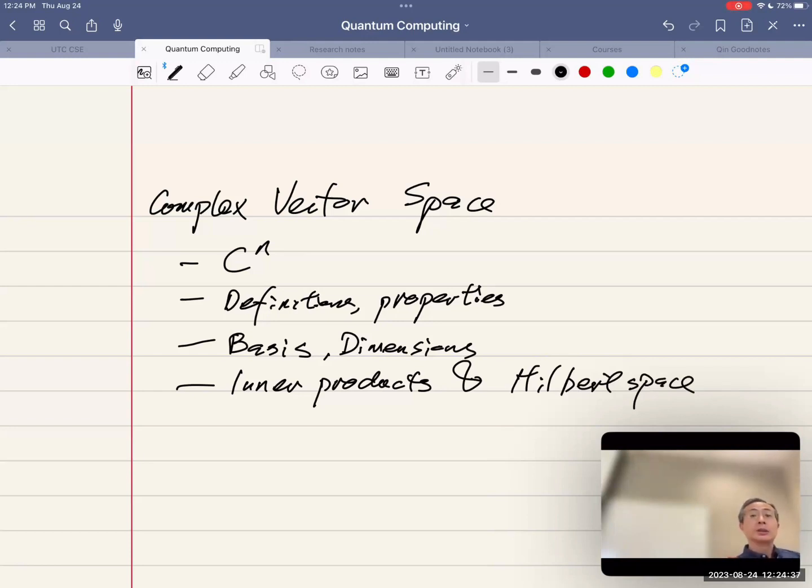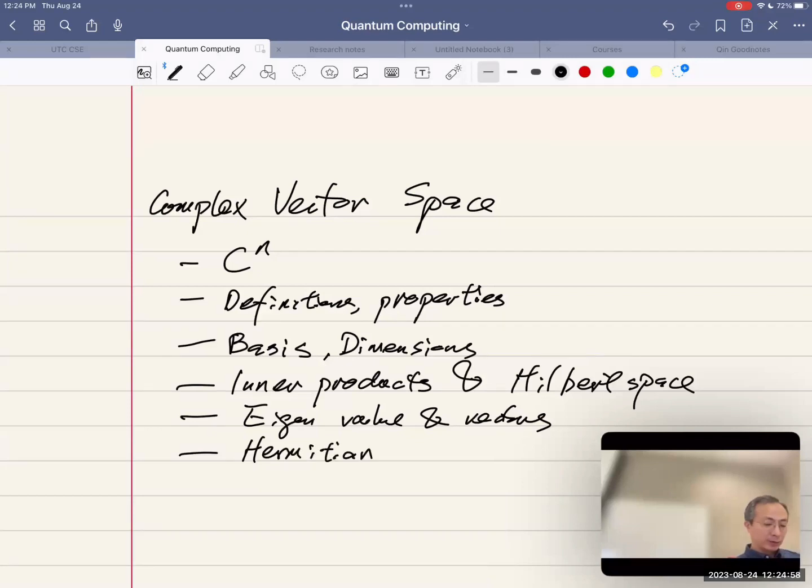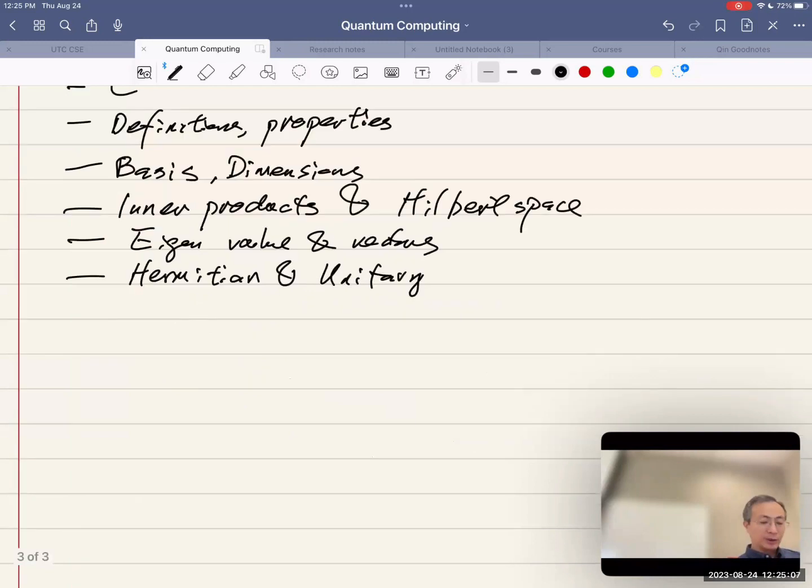It will then talk about eigenvalues and eigenvectors, or eigenspace. And then talk about Hermitian and unitary matrices.